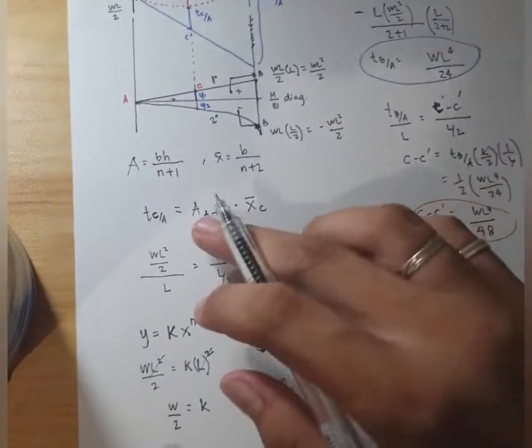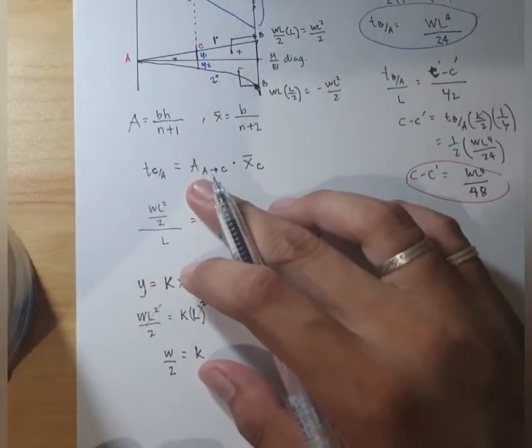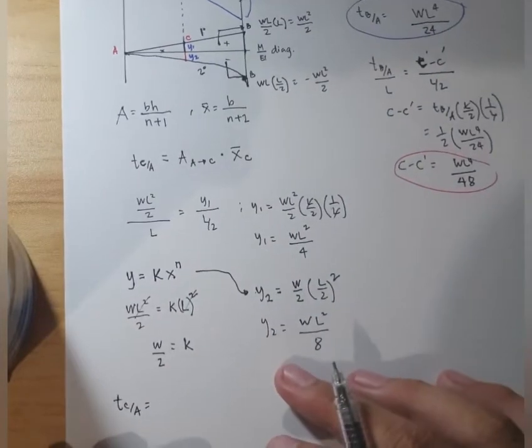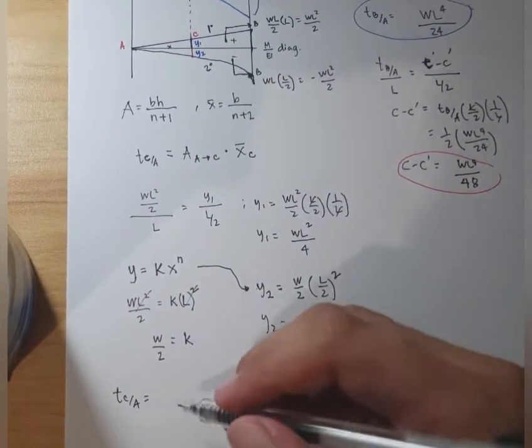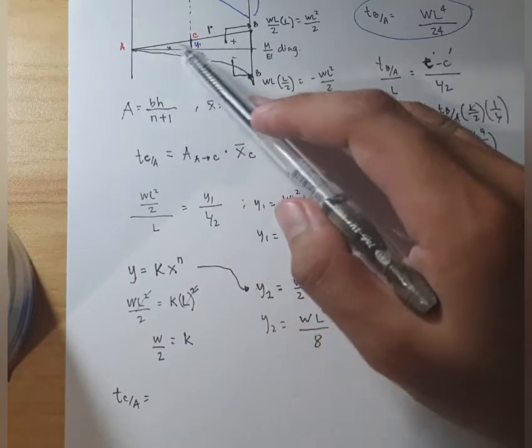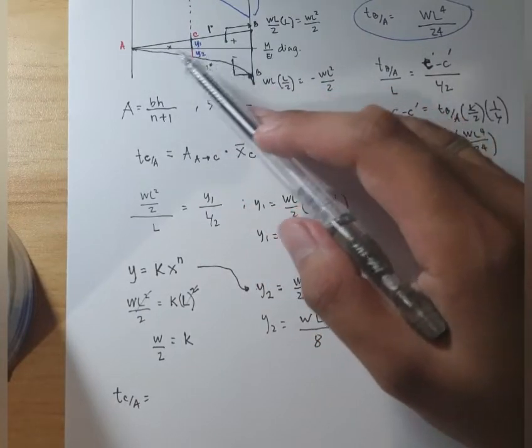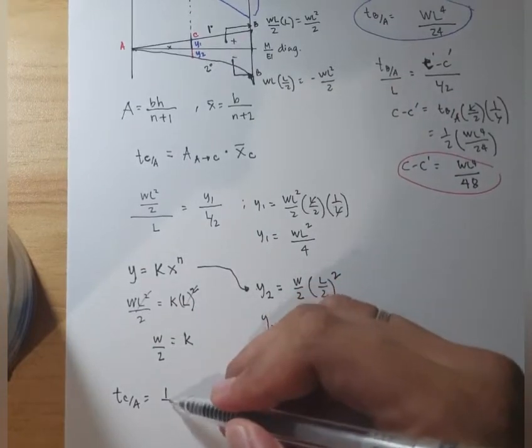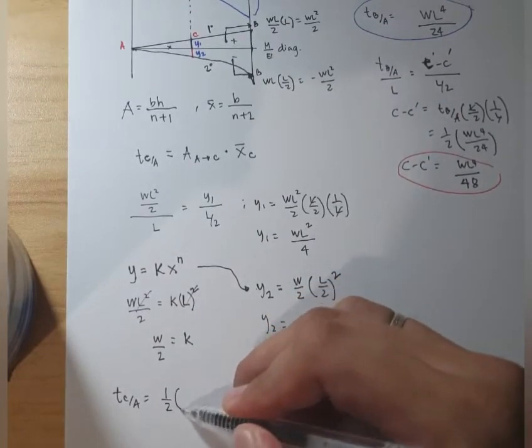Okay, so for that area, how do we compute the area? The area of the smaller triangle, since we only consider A to C now, right? A to C. So that is 1/2 base times height.